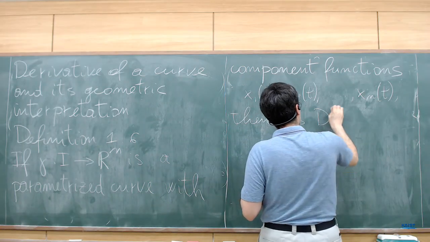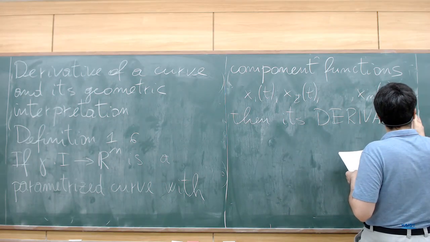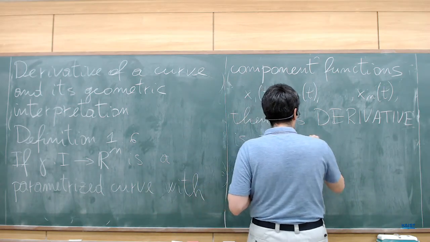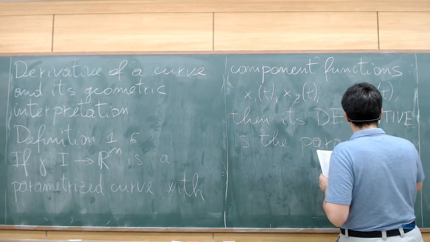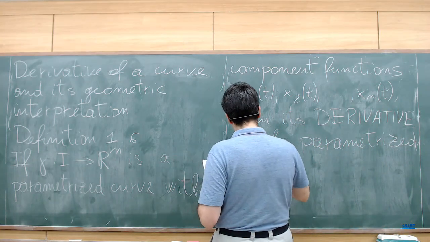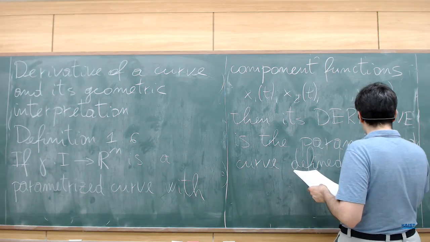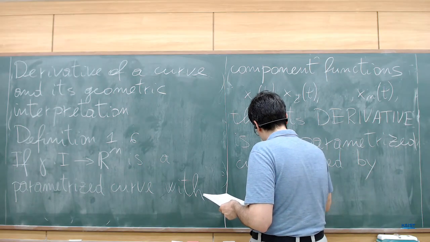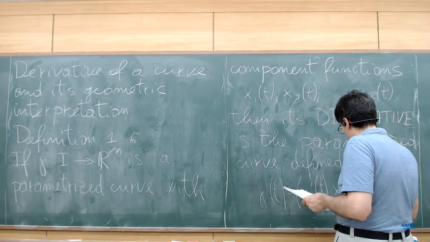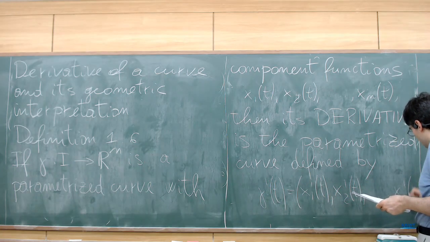its derivative is the parametrized curve defined by gamma prime of t equal x1 prime of t, x2 prime of t, xn prime of t.